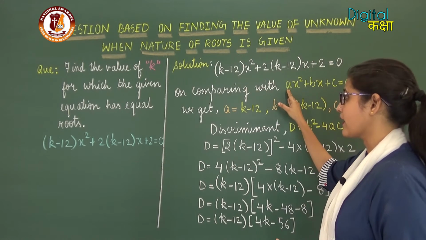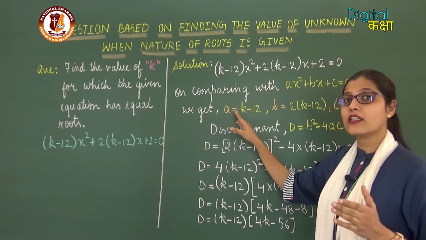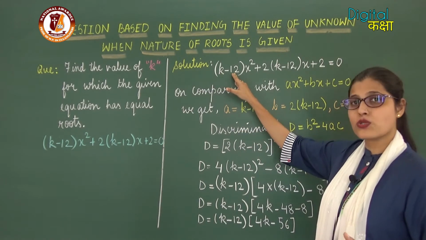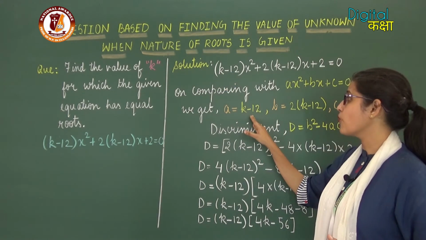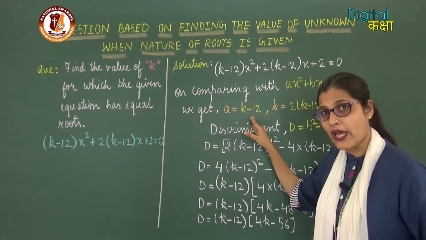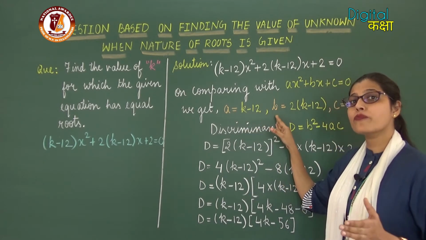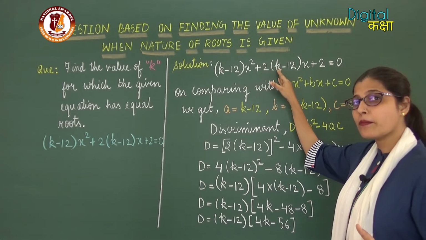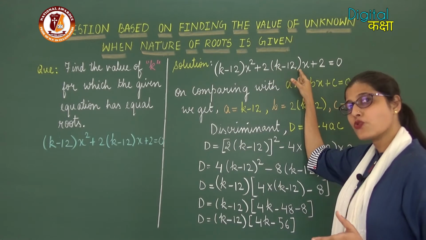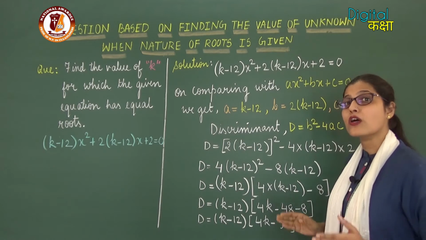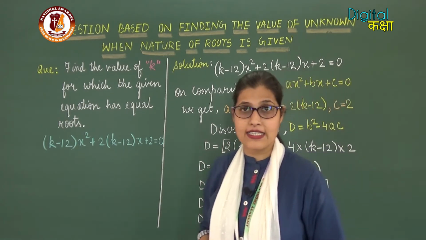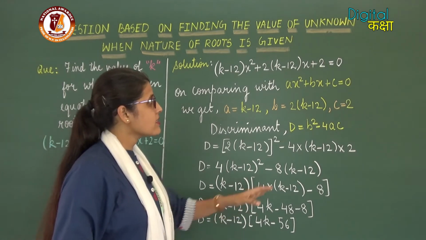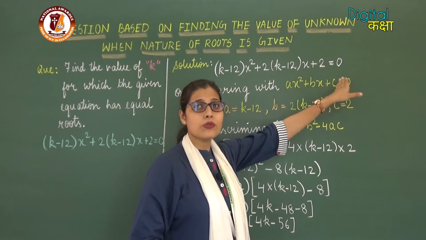So on comparing, we will be getting the value of a equal to k − 12, which is the coefficient of x². The value of b will be equal to 2 multiplied by (k − 12), which is the coefficient of x, and the value of constant c is equal to 2.